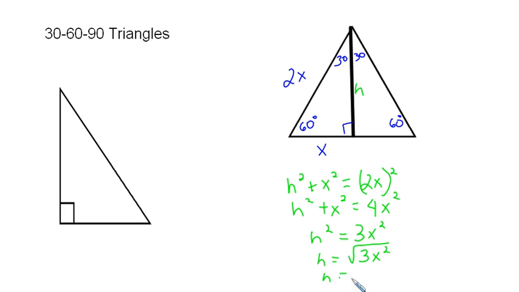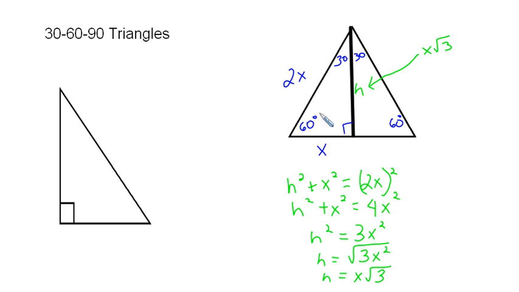The square root of x squared is just x, and then the square root of 3 won't reduce. So h in my problem right here turns out to be x times the square root of 3. So now I have all three sides of this 30, 60, 90 triangle with respect to x.